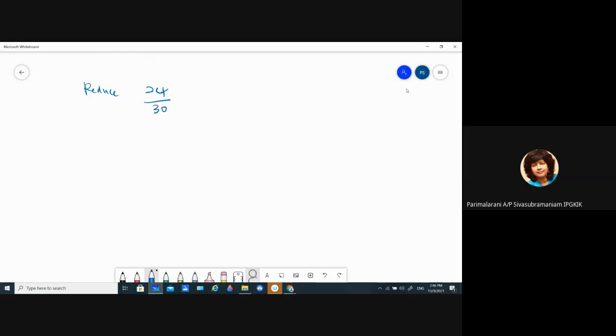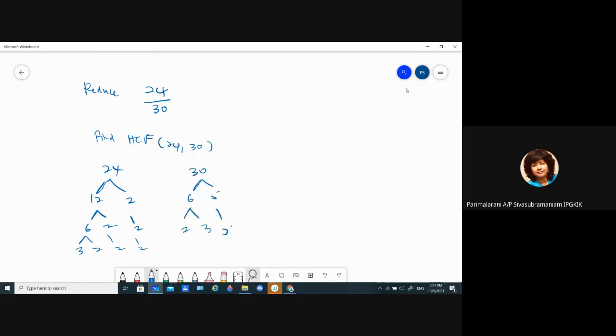So the first thing to do is to find the HCF for 24 and 30. So break down into the prime factors. 24 is 3 times 2 times 2 times 2, and we have 30 here, which is 6 and 5, already prime factors, 2, 3 and 5.